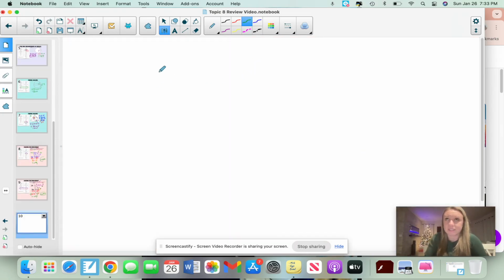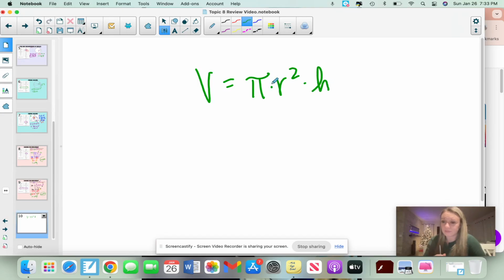Okay. The only other thing that I didn't explicitly talk about in here, if you were asked to find the volume of a cylinder, for example, here's your cylinder formula, and you were asked to leave your answer in terms of pi. Let's say that my radius was 2 and my height was 3. If you're asked to leave your answer in terms of pi, you're still going to go through the same process where you're going to plug in the different measurements given to you.